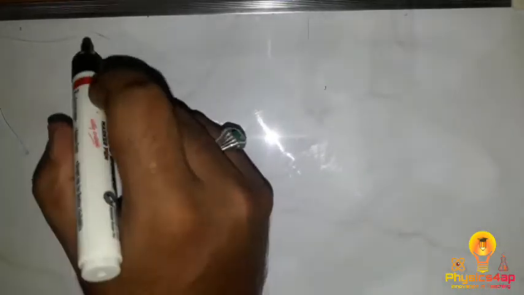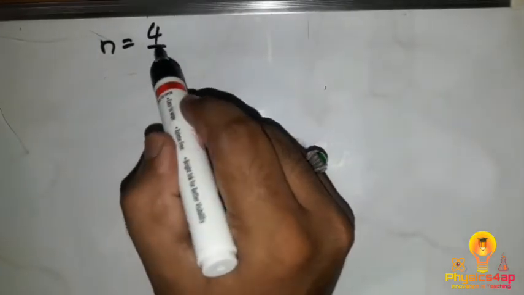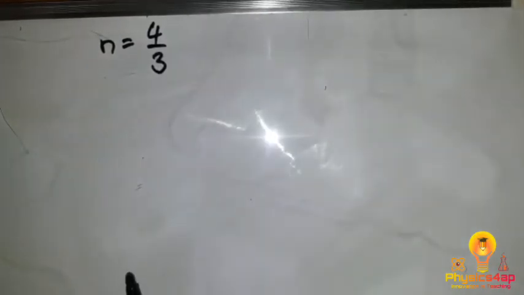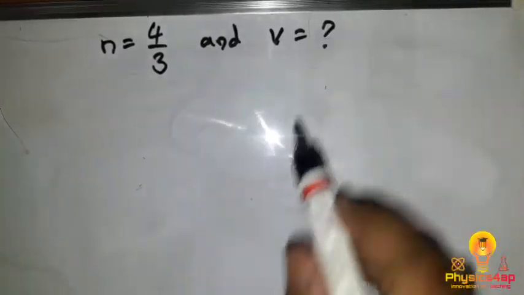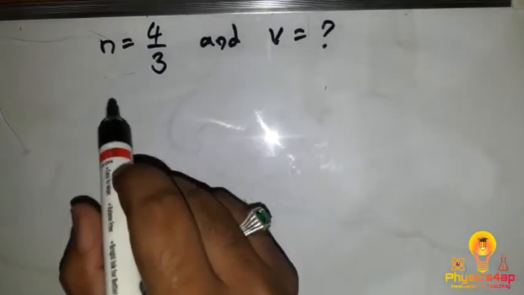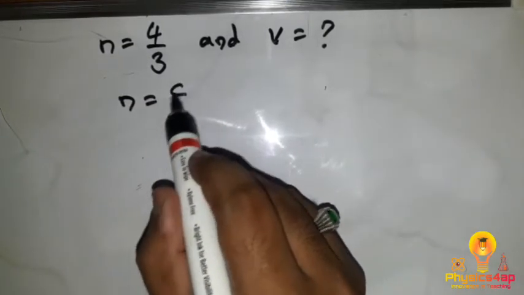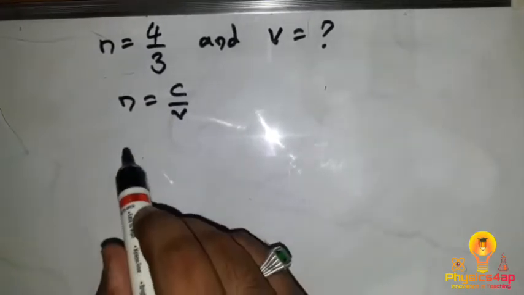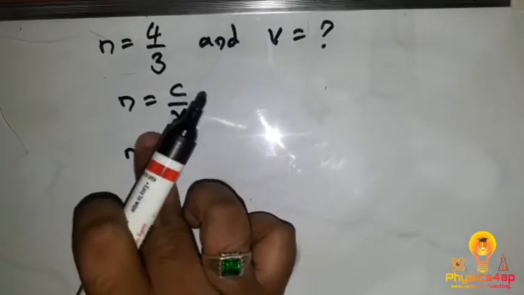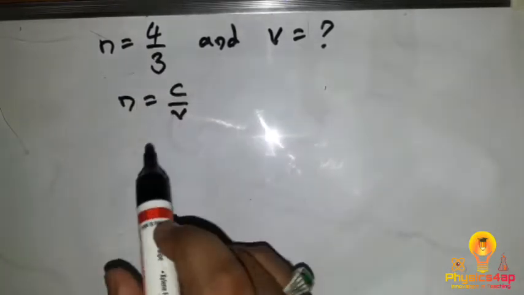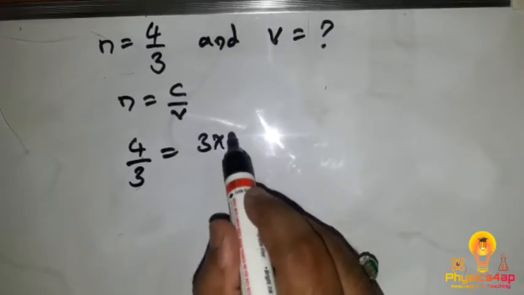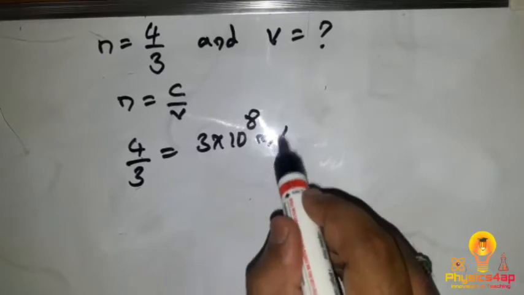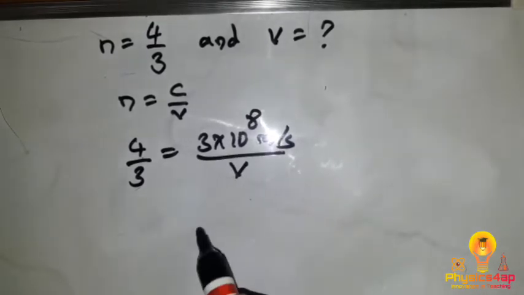Given that the refractive index n equals 4 by 3, we have to find out the velocity of light in that medium. As we have the formula n equals c by v, so 4 by 3 equals c value 3 into 10 to the power of 8 meters per second by v.